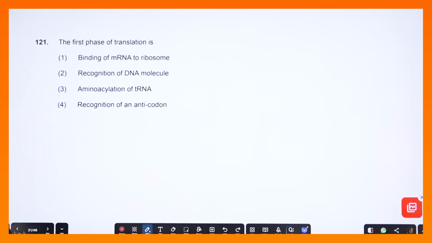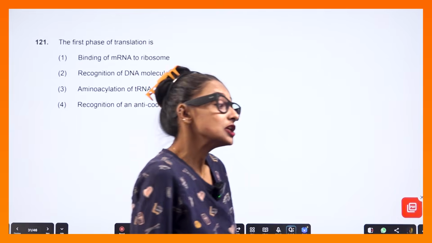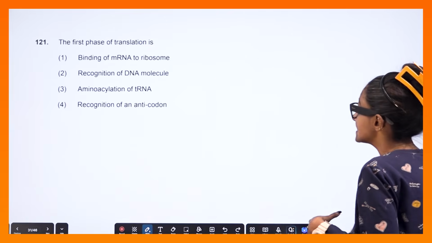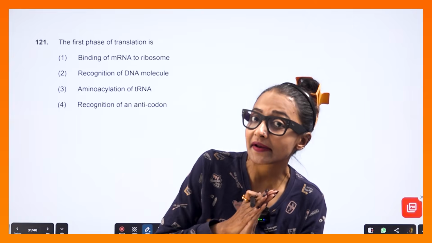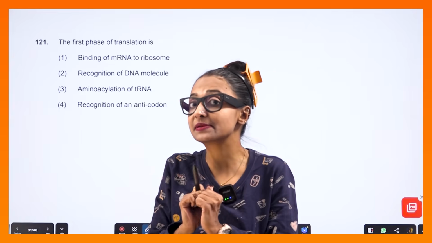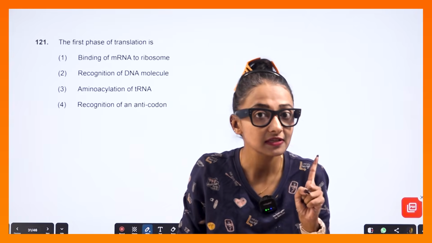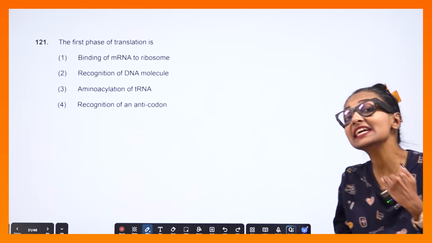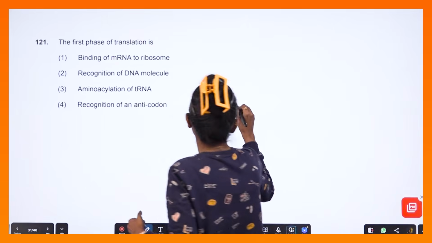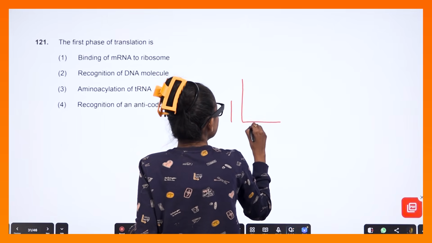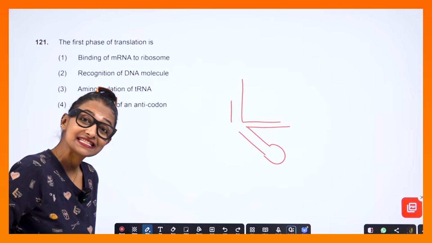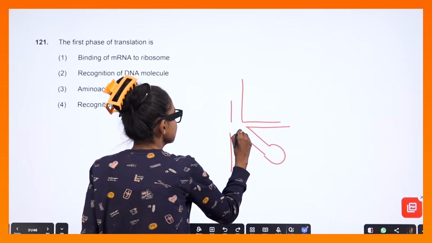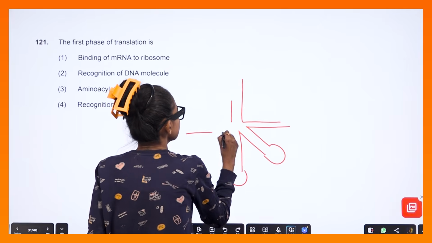Okay, first phase of translation. So you know that in translation, the ribosome binds to mRNA, then the tRNA comes and positions itself. But for that, tRNA has to be aminoacylated, right? Which is very, very important. So I'll just put it this way.